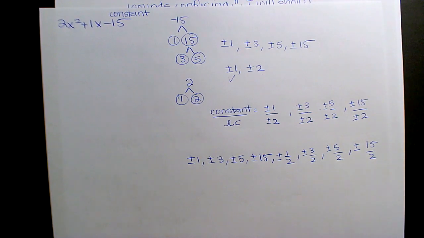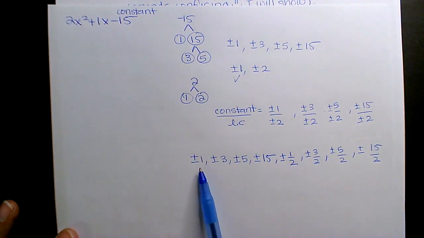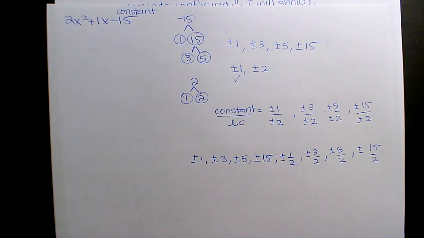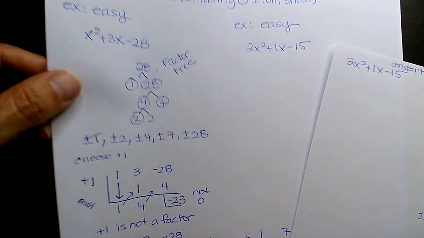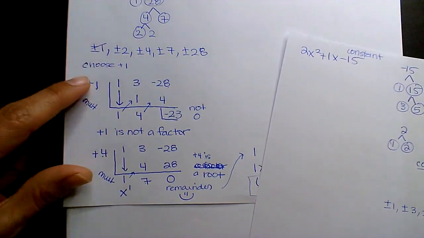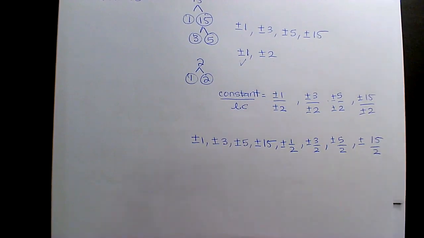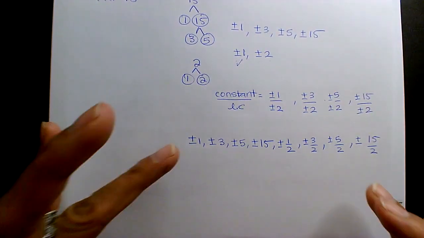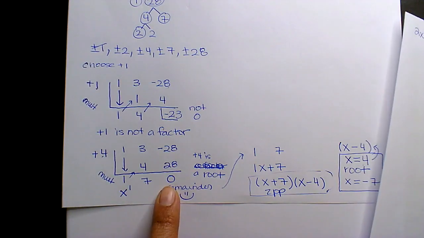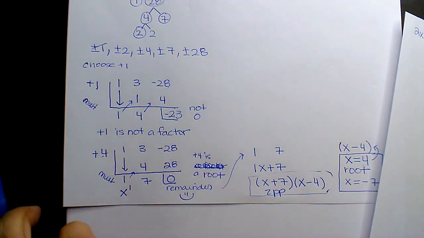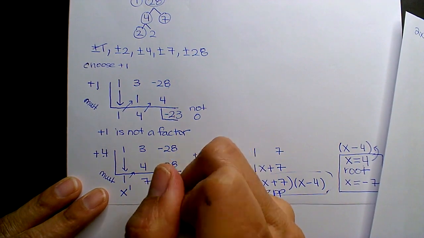Okay, what does that tell you? So these are the possibilities. If you guys are doing your synthetic division here, you can get really stuck in doing like 1, 2, or 3 of these before you hit an actual 0 remainder. Remember, your goal here is to get a 0 remainder.